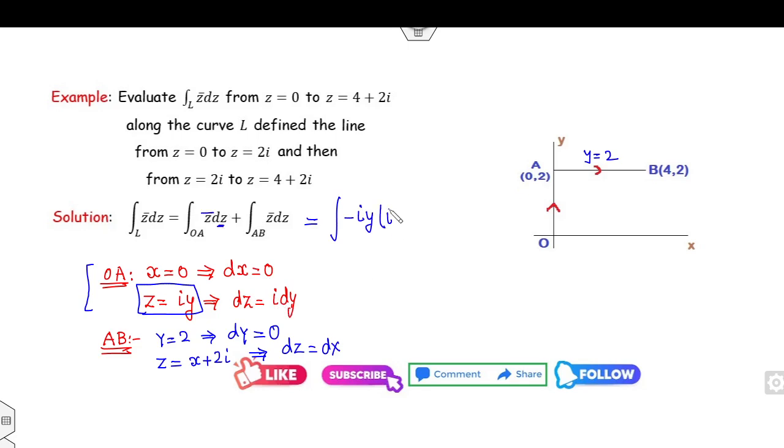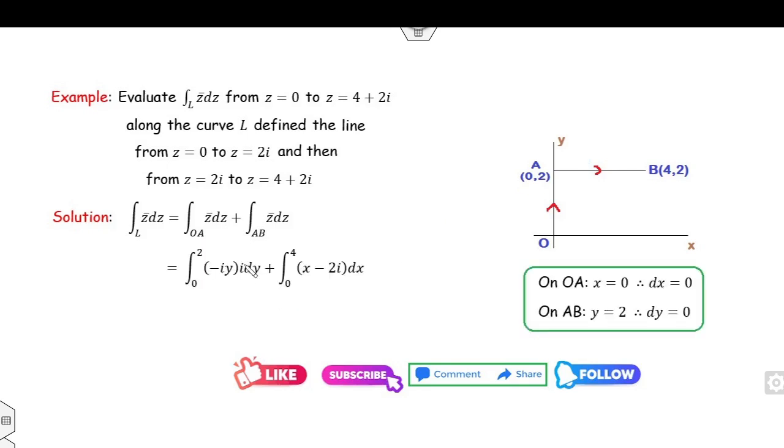Dz is iota into dy, plus the second curve is x minus 2 iota and dz is dx. So can you find the limit? On the curve OA, the limit of y is 0 to 2. On the limit x, 0 to 4. Fine. Now you can integrate them.